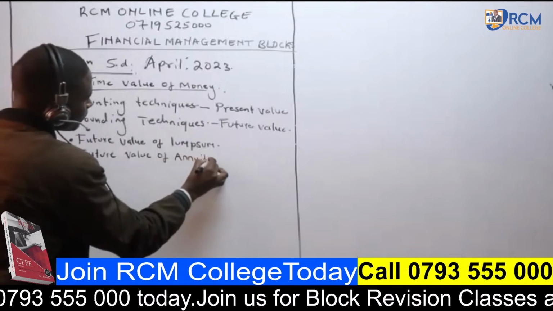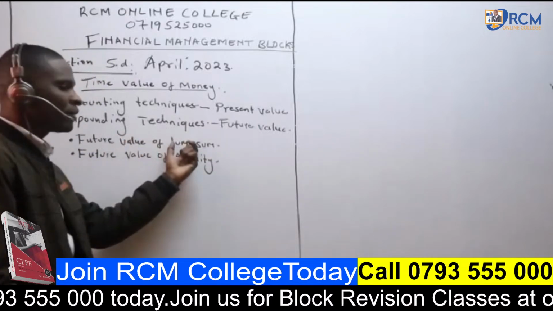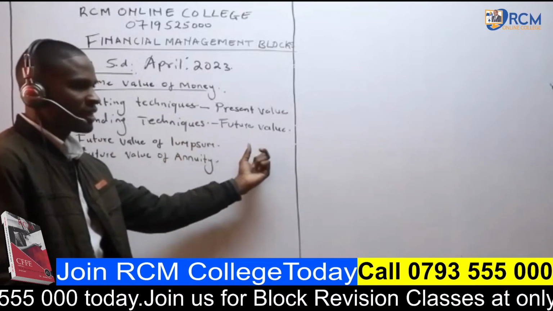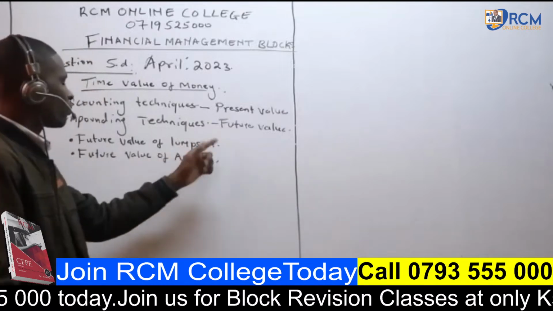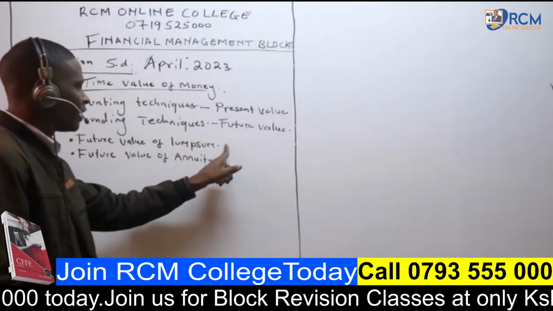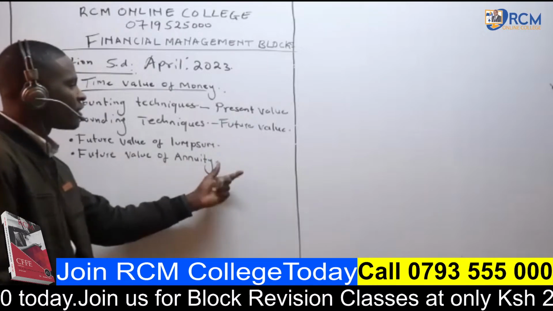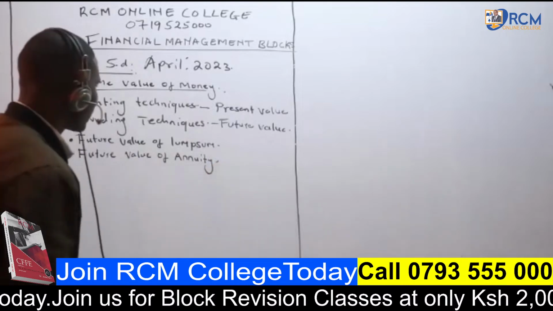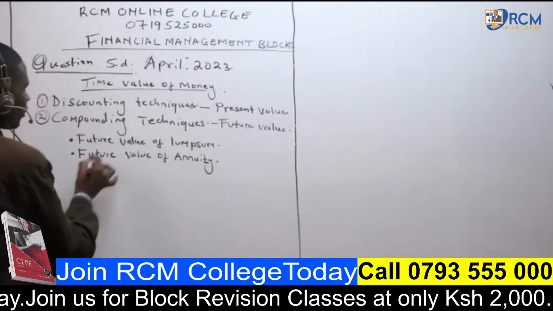To remind you, when we talk of the lump sum, it is the amount that is given once, payment or receipts that is given once, an irregular amount. And when we talk of the future value of annuity, these are regular cash flows that are the same each period.